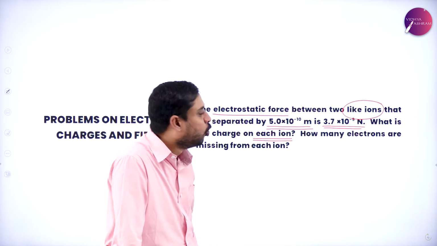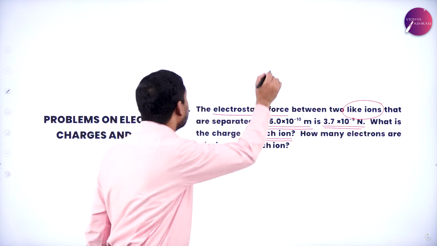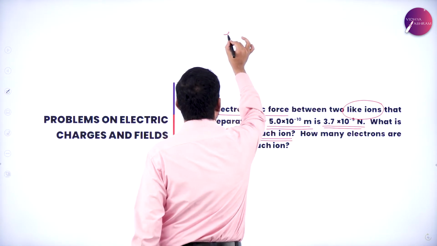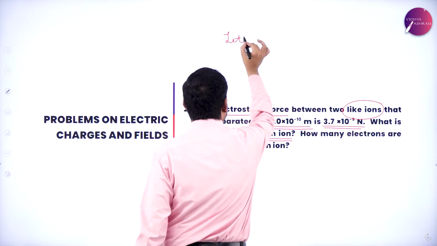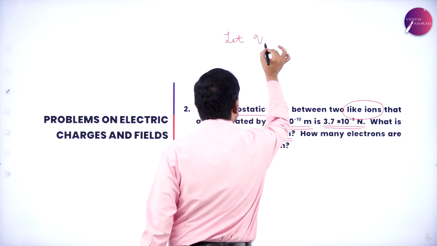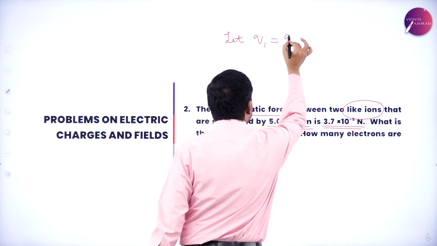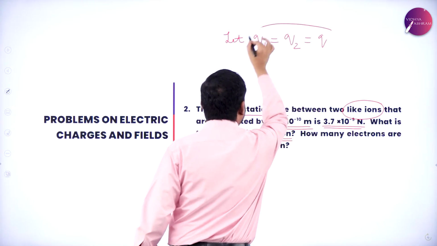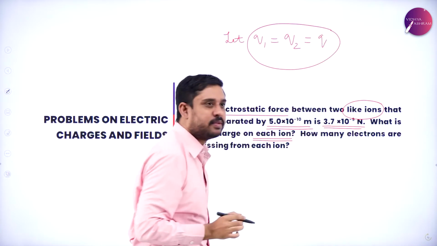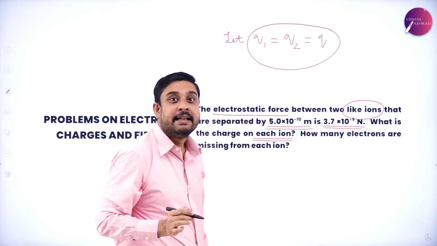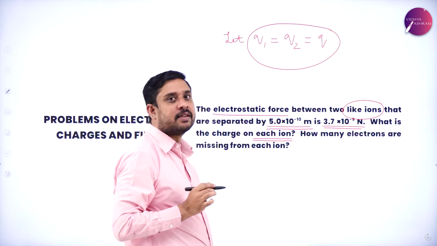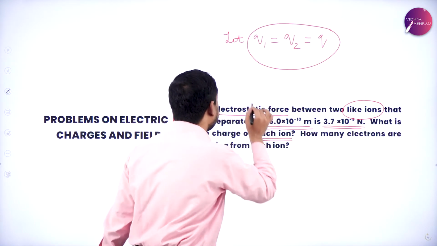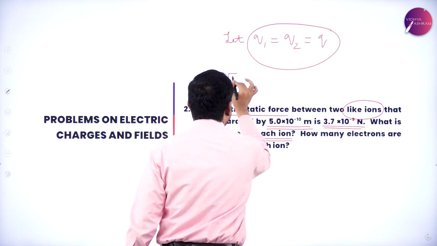Electrostatic force between two like ions, which means let Q1 be equal to Q2 be equal to Q. They are like ions. How much is the electrostatic force?